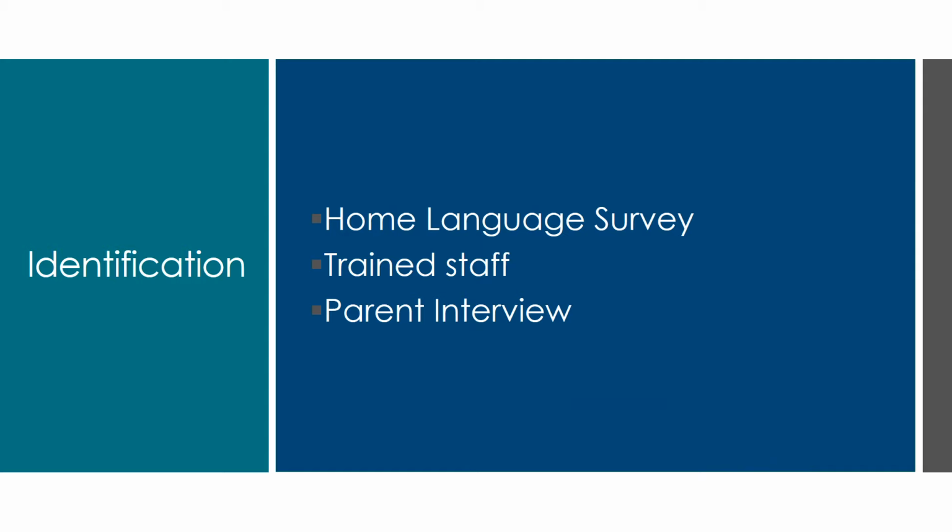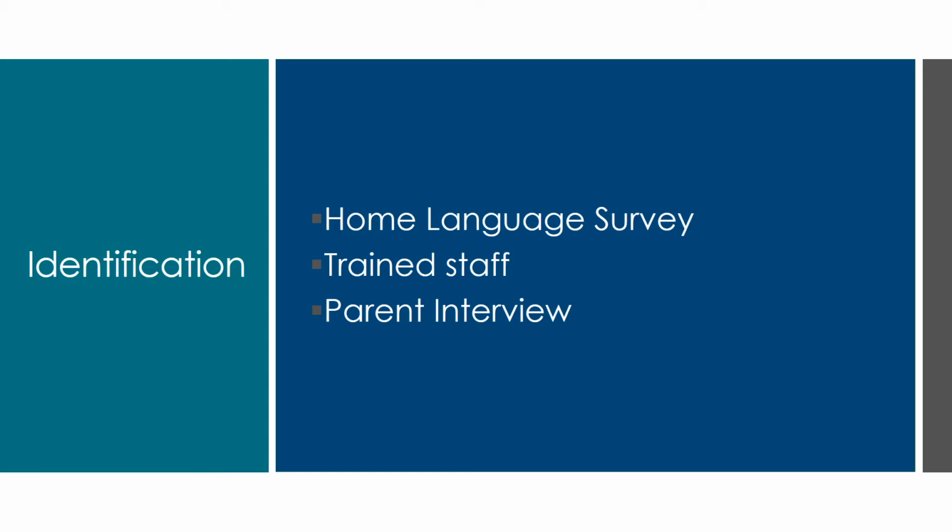For identification of English learners, the most important piece here is the home language survey. The home language survey is three to four questions that are given to parents at the time of registration.